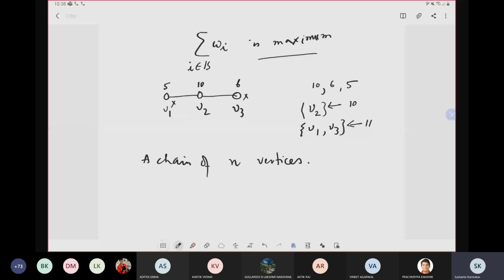One, it has to be an independent set, and the second is the sum of its weight has to be maximum. If I have a chain of n vertices, then I have 2 to the power of n subsets of vertices, and for each of them I can associate the total weight.